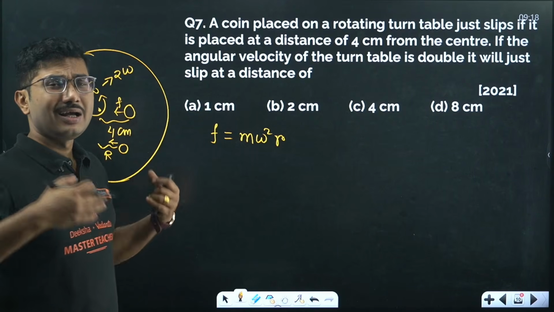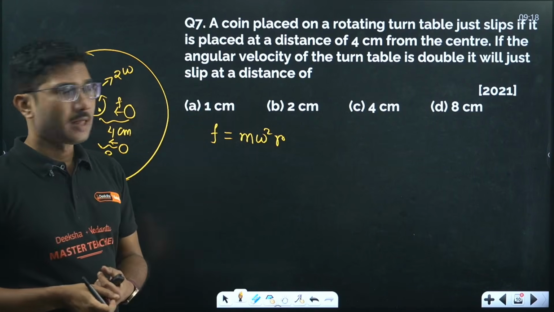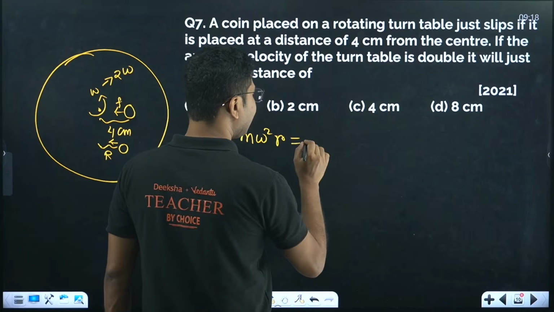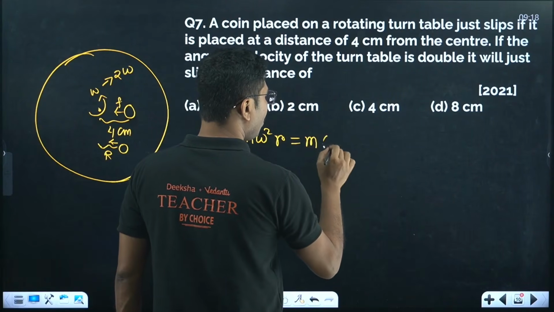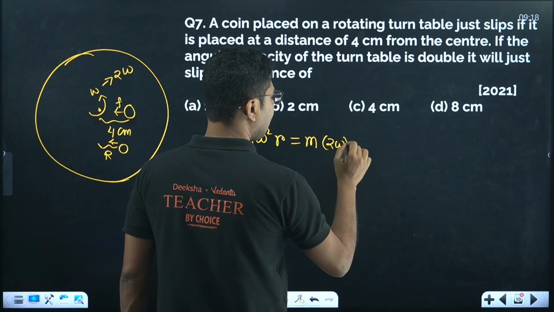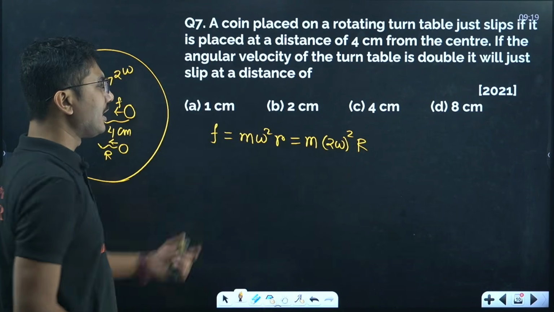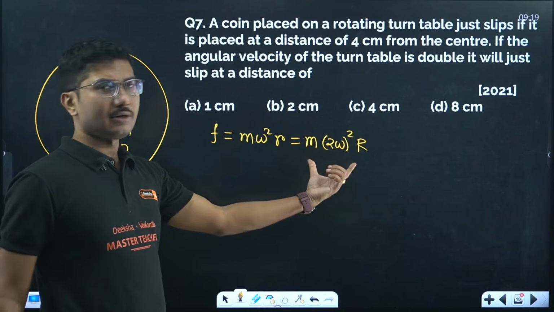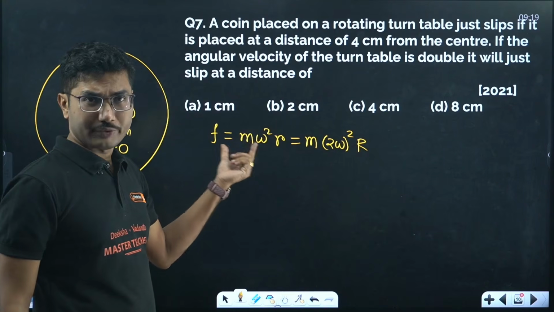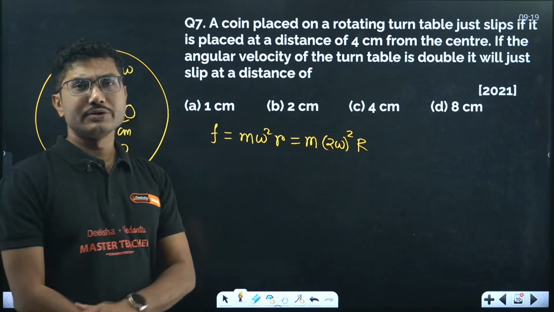So the force of friction is the same. So we can write this as m (2 omega) square R. These two forces have to be the same. This is the new required centripetal force. This is the old centripetal force where it was slipping.